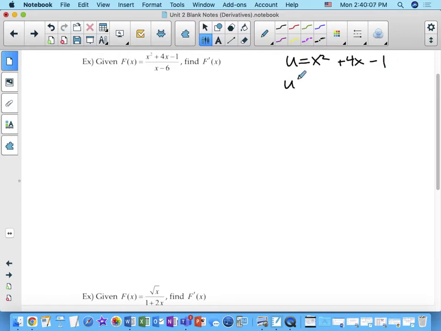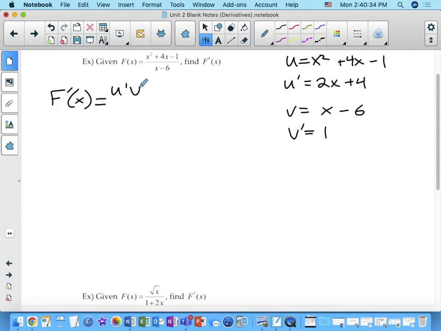So u prime is going to be 2x plus 4. And v is x minus 6, so v prime is 1. Okay, so f prime of x is u prime v minus uv prime over v squared.